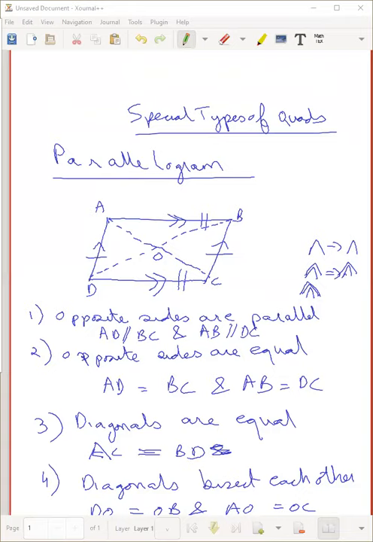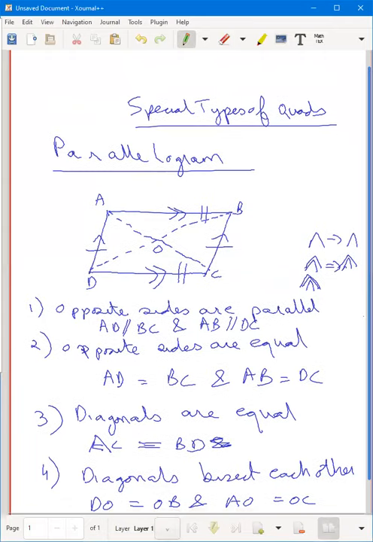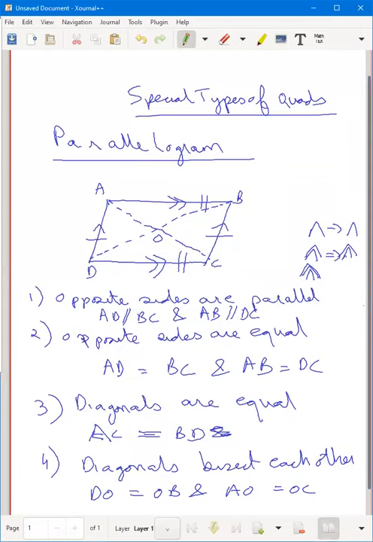All of you, copy this down. Yes, AO will also be equal to OB, Parth, because the diagonals are equal and they bisect each other.